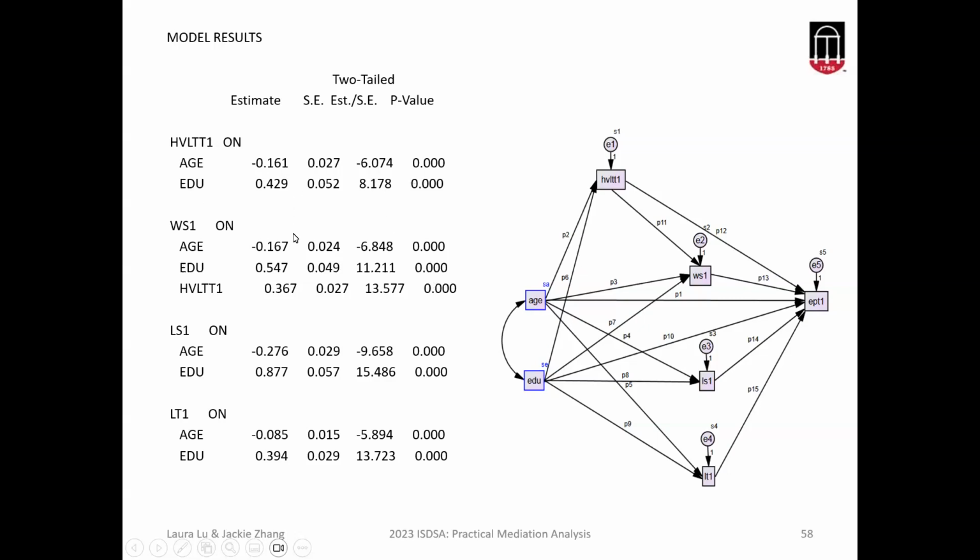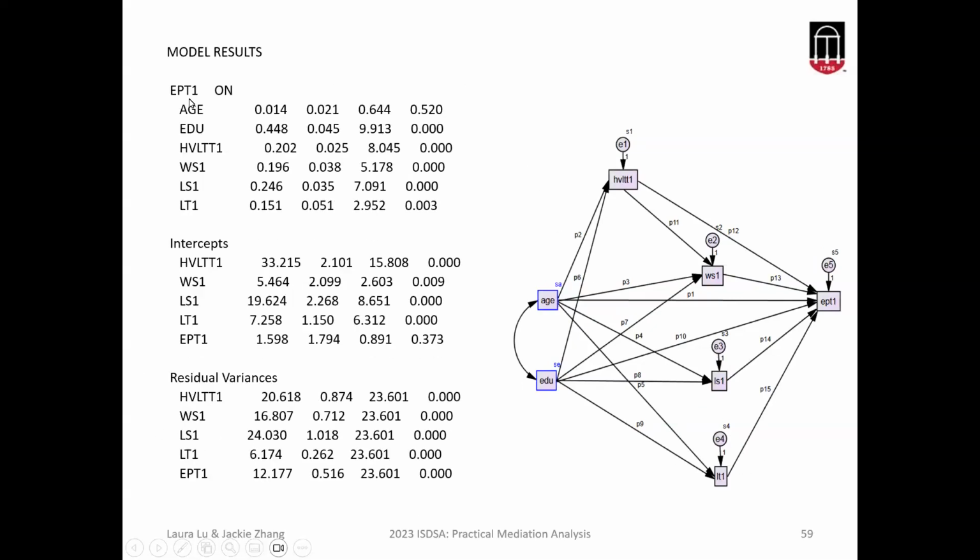Standard error, Z value, P value, and for WS, we have 3 paths, and LS, we have 2, LT, we have 2, and for EPT, we have 6, so 6 parameters, 6 weights are reported. And this is for the mean part. And then residual variance.